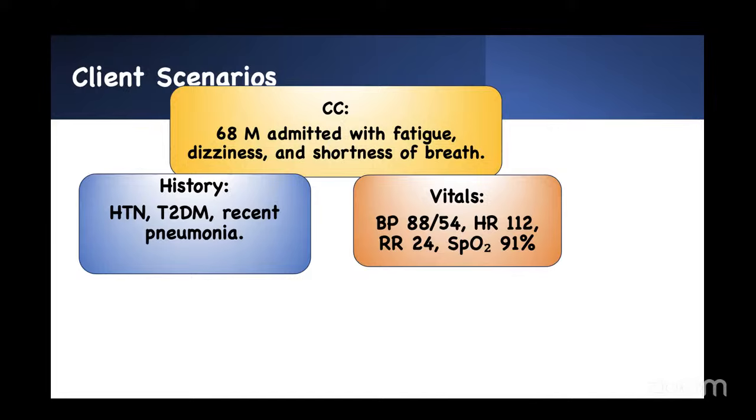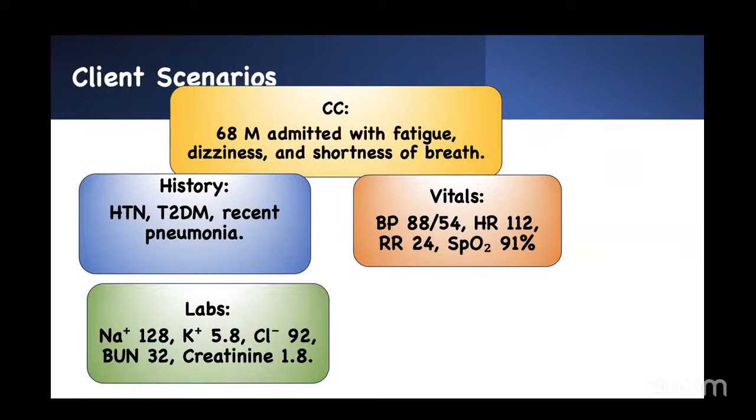Combined hypotension and tachycardia is a bad combination. Respiratory rate of 24. And his saturation is 91%. Something should be ringing in your ear. As you read through the case study, you should have an idea. Hypotensive, tachycardia, shortness of breath, dizzy, fatigue, and saturation is going down.